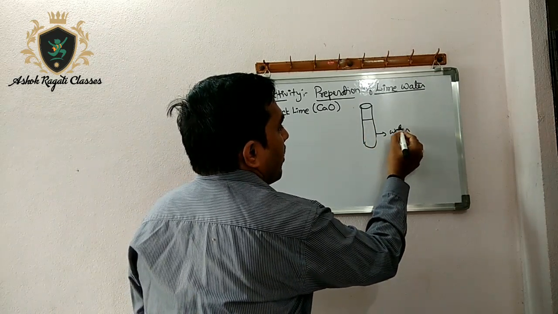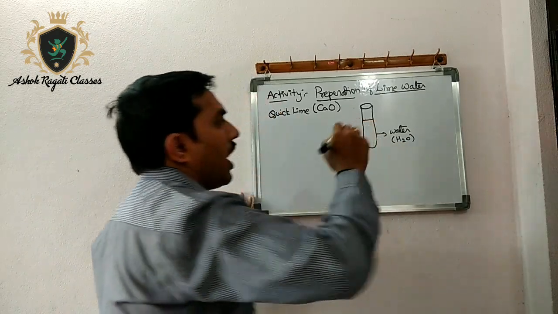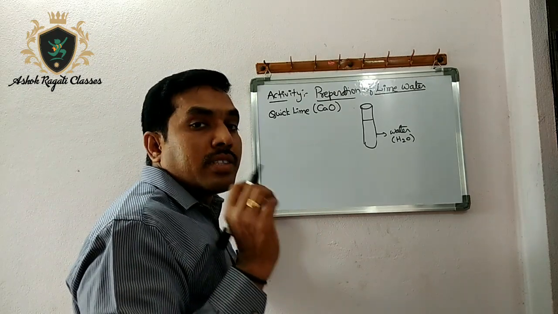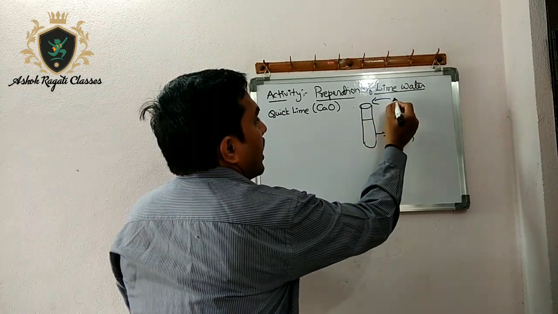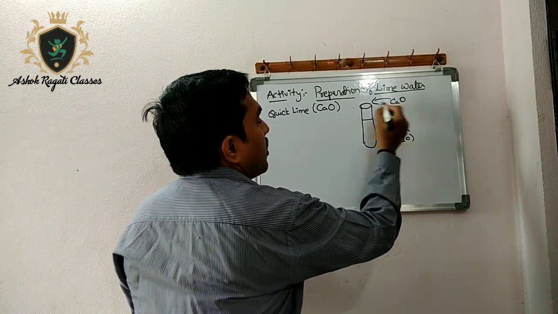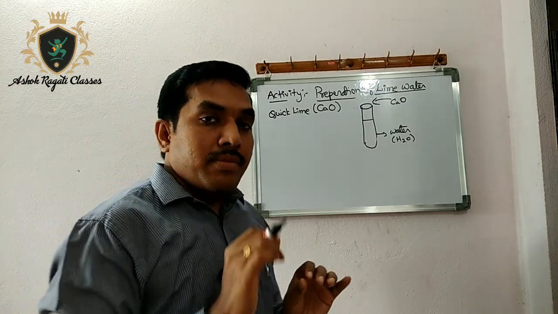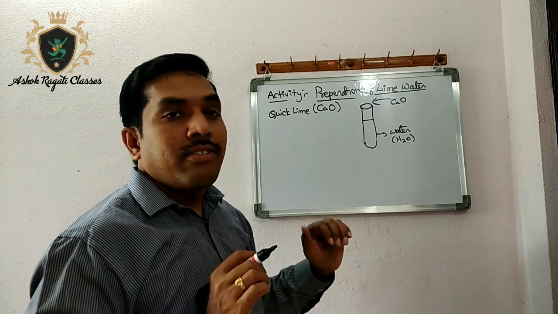What is the chemical formula of water? H2O. I am taking one test tube, pouring some water, adding this calcium oxide, and thoroughly stirring the combination of calcium oxide and water.